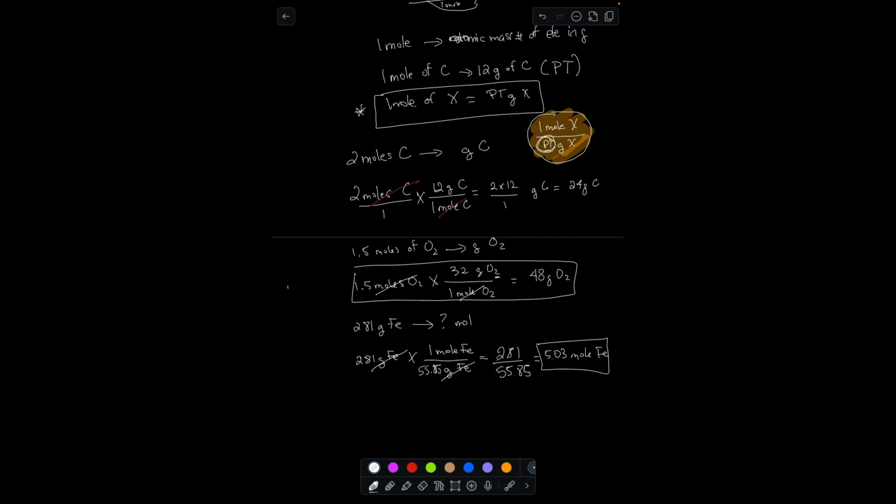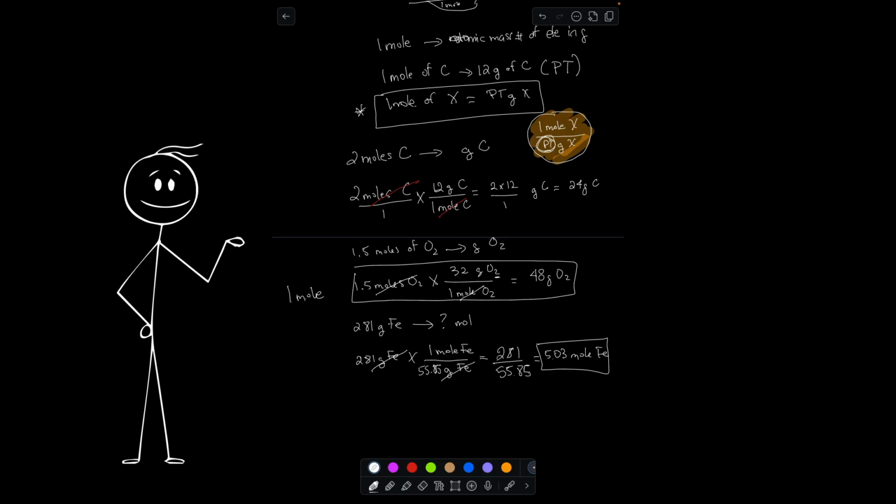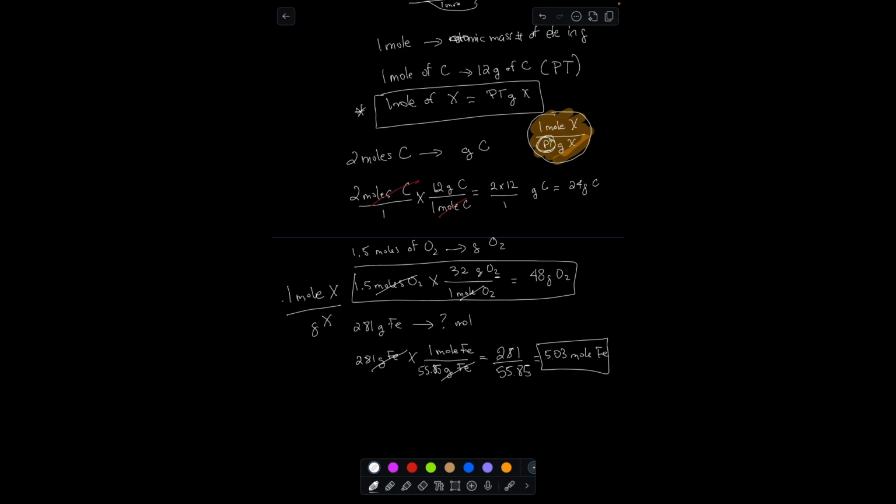Do you see how you can use this equation to your advantage? You can swap what you need, you can swap the denominator and numerator based on what you need.